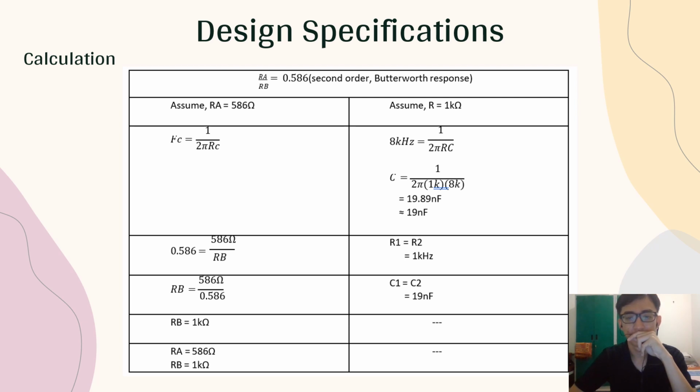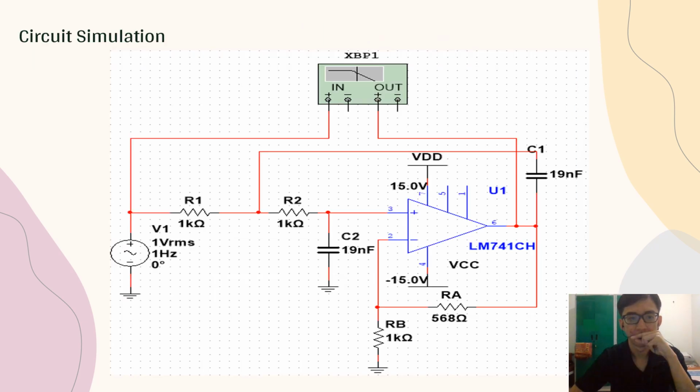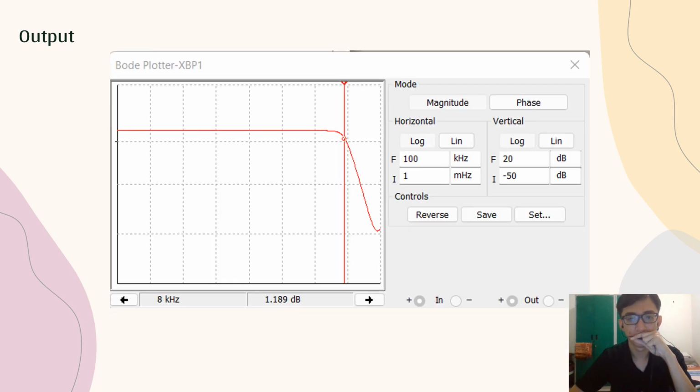And then R1 is equal to R2 equals 1 kilo ohm. C1 equals C2 is equal to 19 nanofarad. So this is the circuit simulation in Multisim. And this is the output for 8 kilohertz.